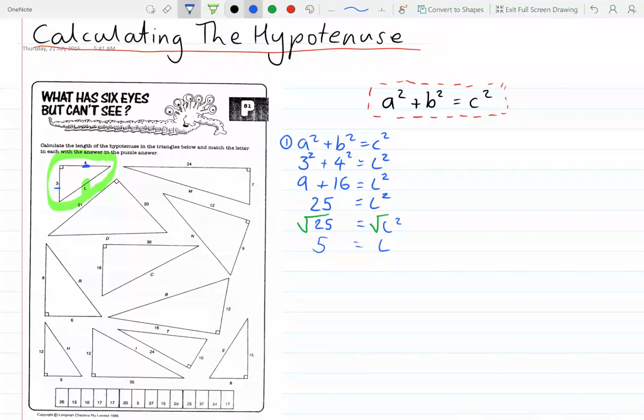Okay, and we're done. Just to go through them again, our first step was to write the formula. Our second step was to sub in the numbers from the triangle.